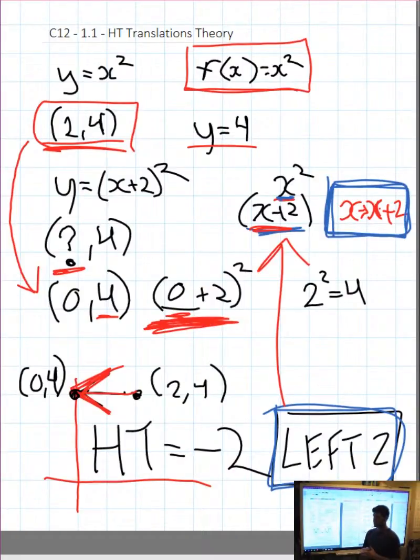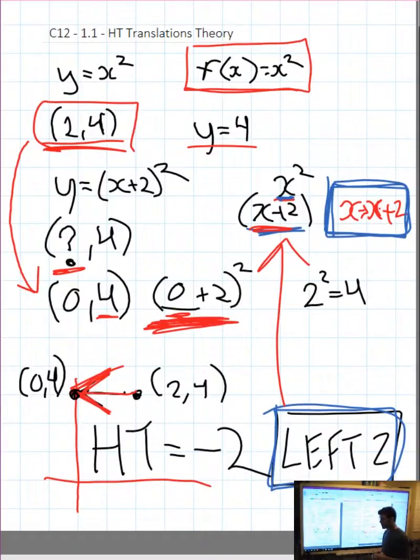Everything about transformations is substituting the opposite operation for the variable. If I want to make my x value change from 2 to 0, or any x value, 2 in the left direction, I substitute x plus 2 in for x into the equation.